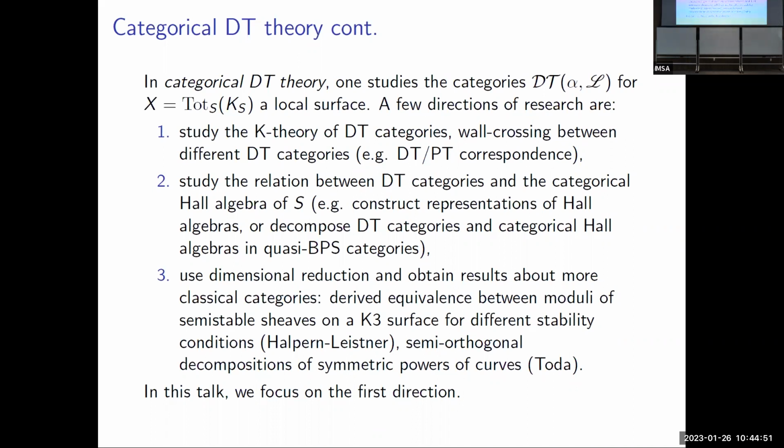A related direction is categorifying results that we already know about numerical DT invariants. There are some fundamental computations; do they hold at the level of homological DT theory, or do they hold at the level of categories? Do you have some interesting semi-orthogonal decompositions that recover those computations?